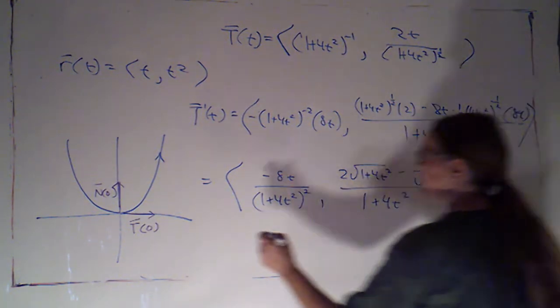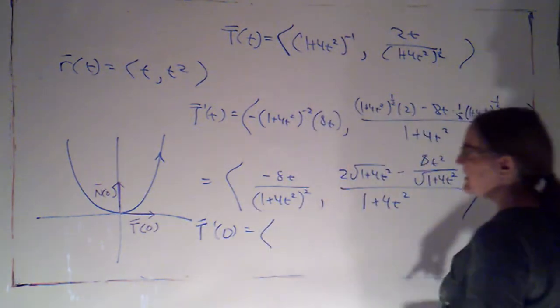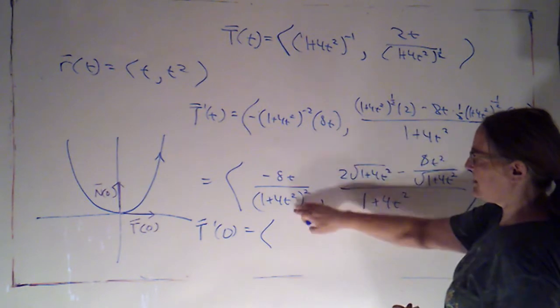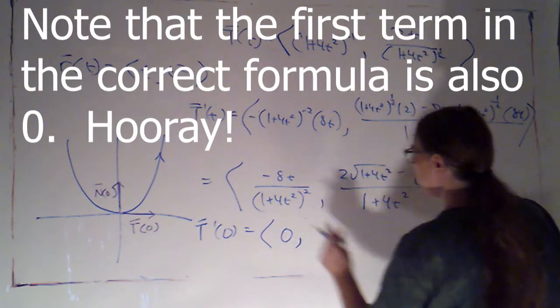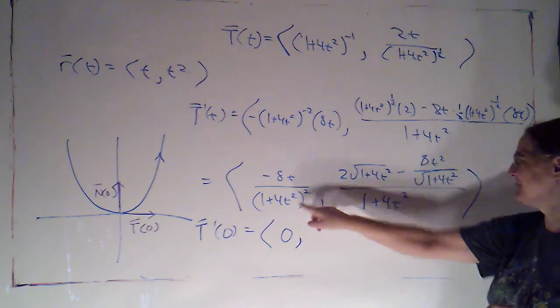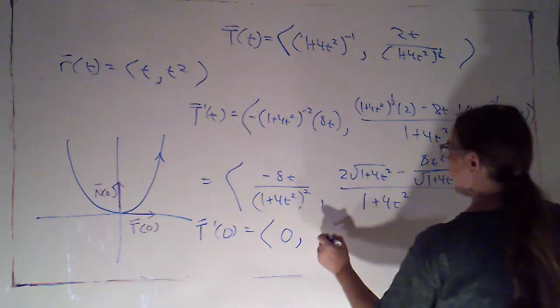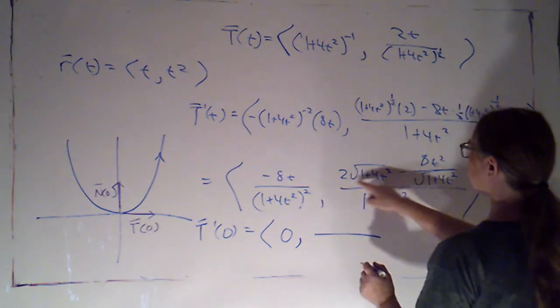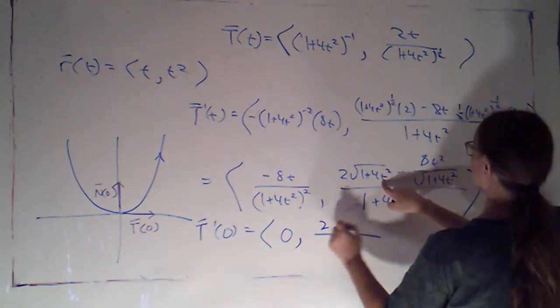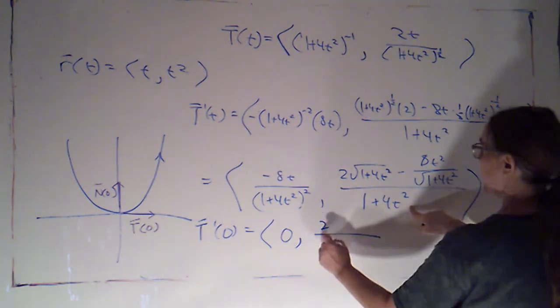Okay. But I can say T prime of 0 is, if I plug in 0, this becomes 0 over 1, which is 0. I checked just to make sure the denominator wasn't 0, to make sure that it was defined. Okay, then over here, we're going to have, let's see, this is going to be 2 times 1 is 2, minus 0 over 1.